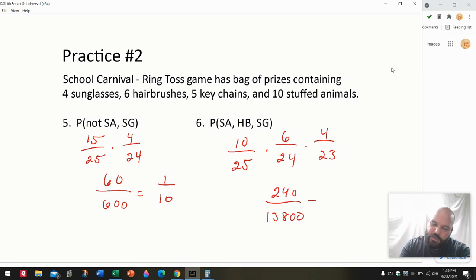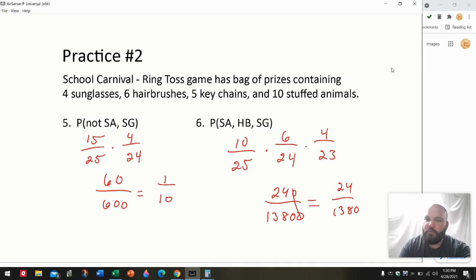Now, we should reduce this if it's possible. You can see that they both definitely end in a zero. So we can cancel out the zeros there, and we end up with 24 over 1,380. And they are both even. So they'll at least be divisible by 2. They probably are divisible by 4 as well. And 3.